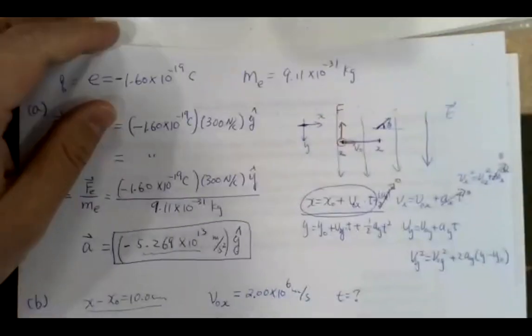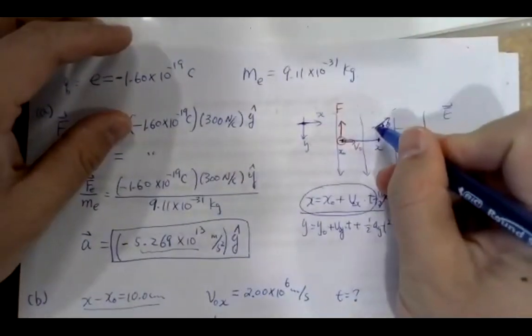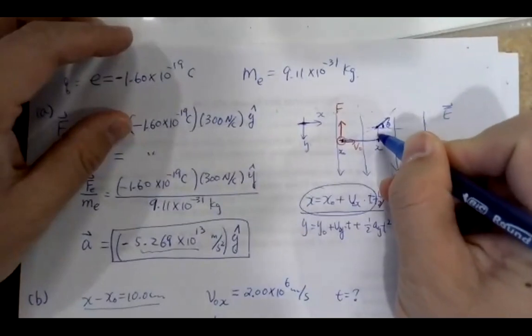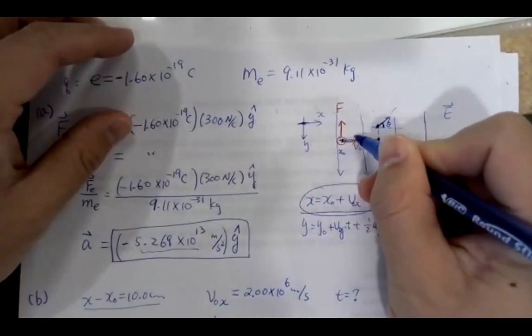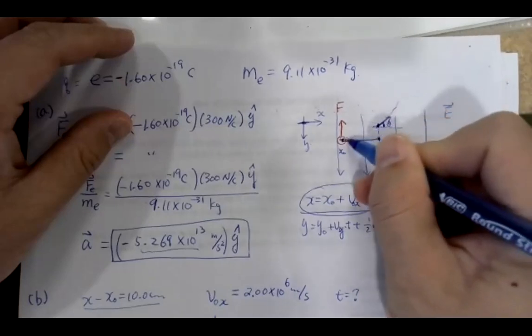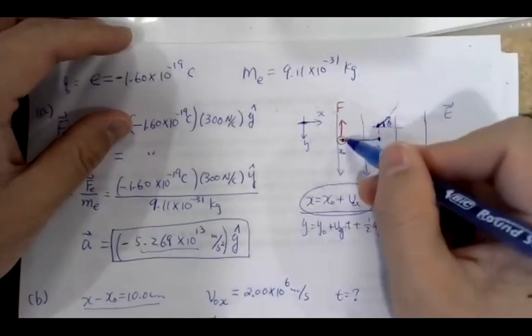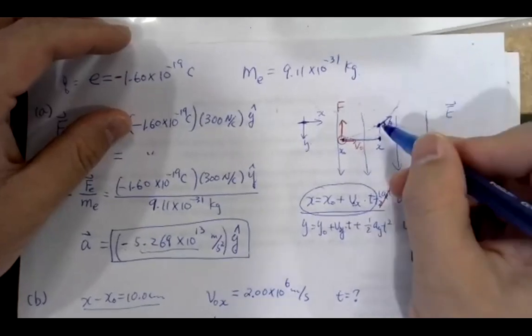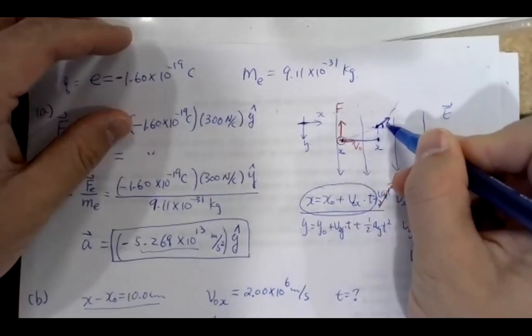When it's at 10 centimeters, it's somewhere there on the trajectory, because it's having a sort of projectile motion. So it goes in that direction. We are looking for this angle.